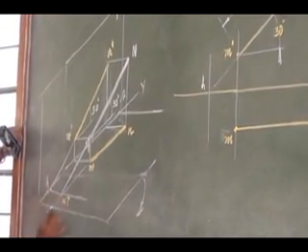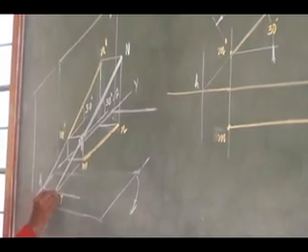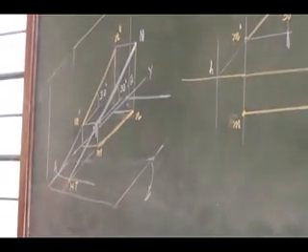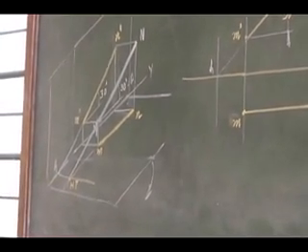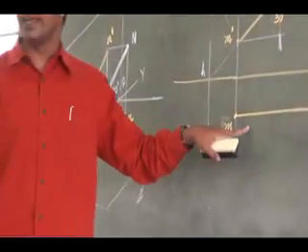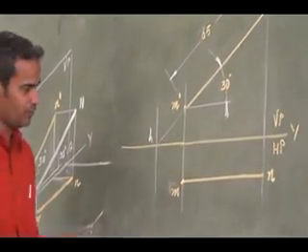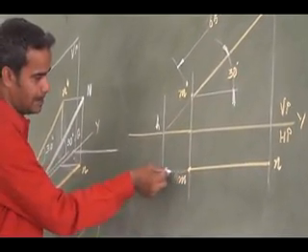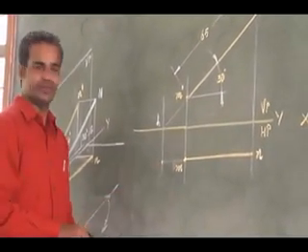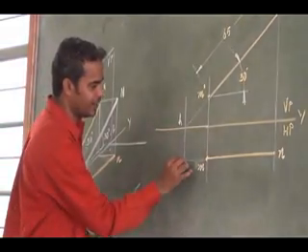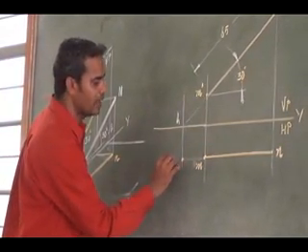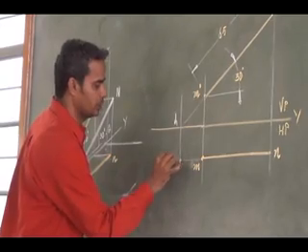From h, I have to draw a vertical line. Then, to end up with the horizontal trace location, I have to extend the top view horizontally. It will intersect this vertical line. That location is my HT.